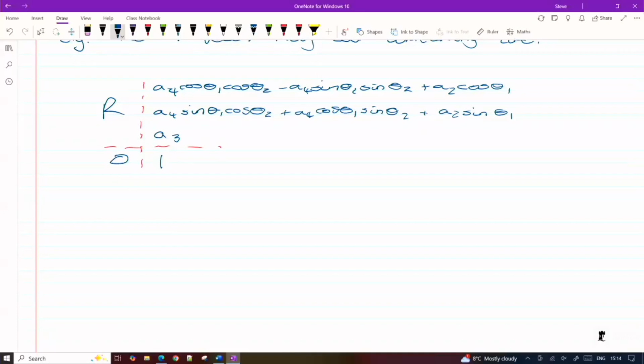Okay, and you may have spotted this or not, if we know within that vector there, if we know our link parameters, so our fixed link lengths A1, A2, A3, A4, etc., and our joint variables, we can plug those numbers in, and that will give us the x, y, z coordinates of our end effector. Okay?